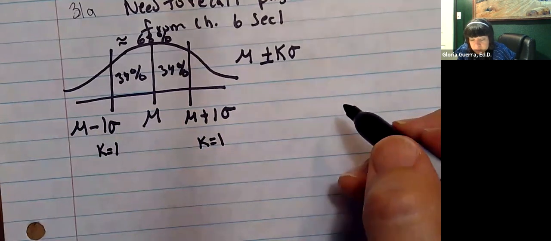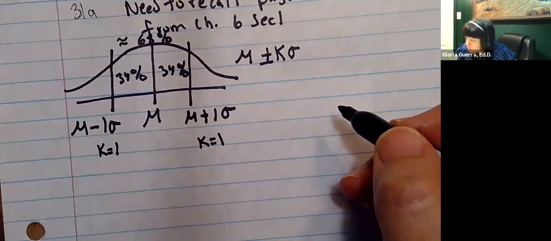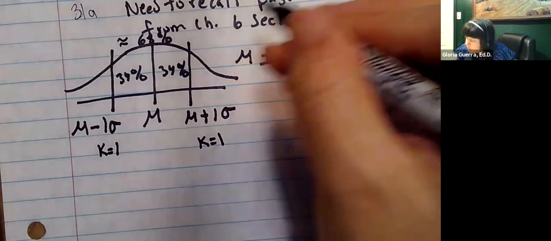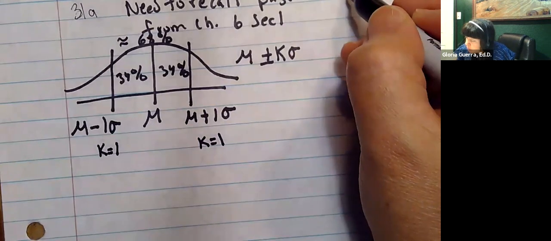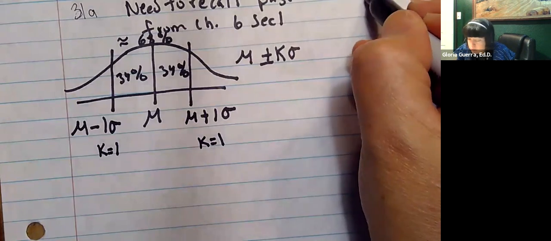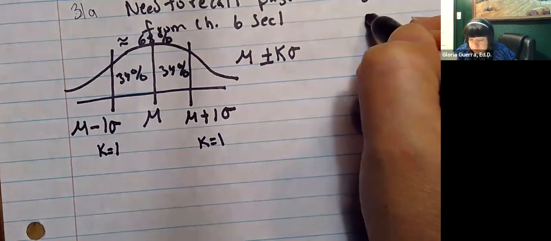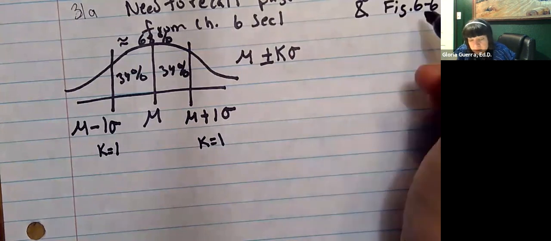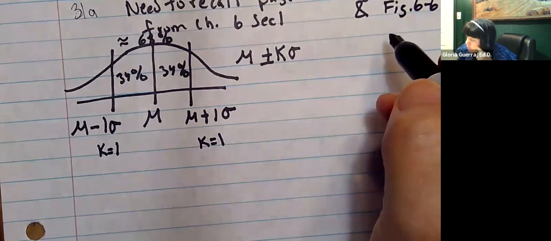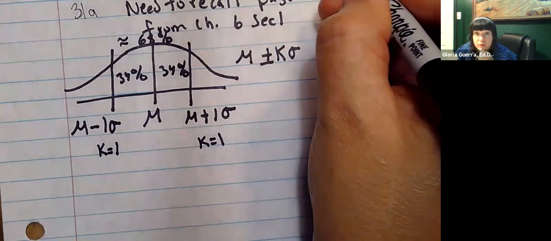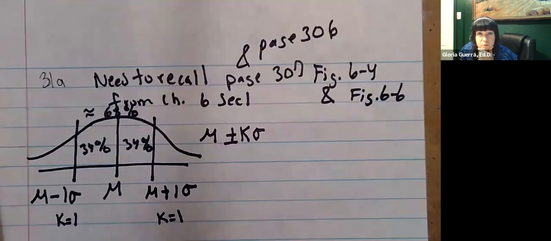And these are all supposed to be, recall page 307, figures 6.4 and 6.6. And this is also on page not only 307, but it looks like 306 as well.